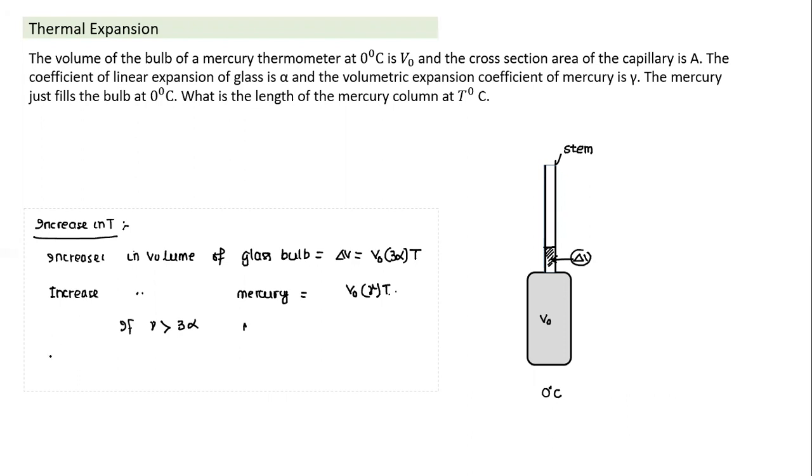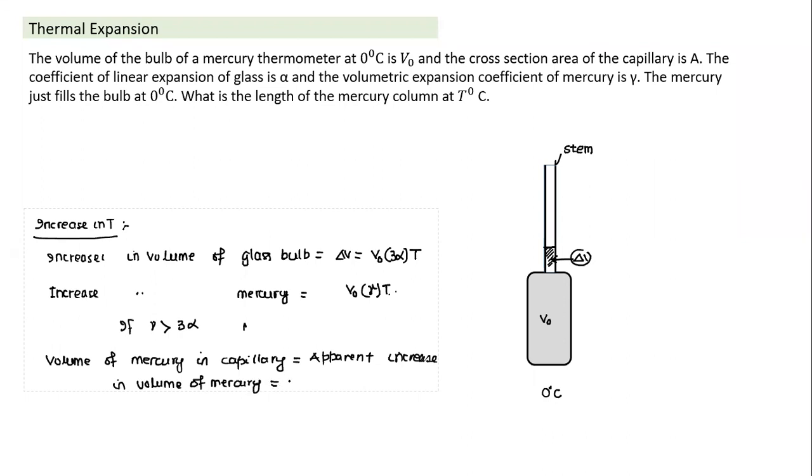So the volume of mercury in the capillary is equal to the apparent increase in volume of mercury. Real volume is the real expansion, not this. It is the apparent increase in volume of mercury, and for which we also use a formula, which is equal to original volume times coefficient of apparent volumetric expansion times T.